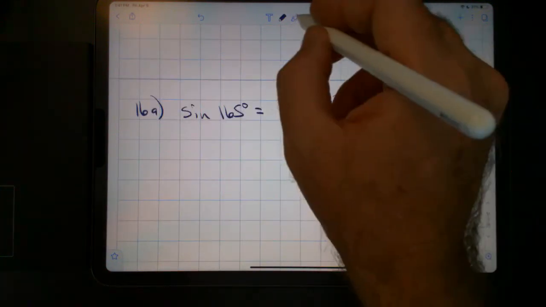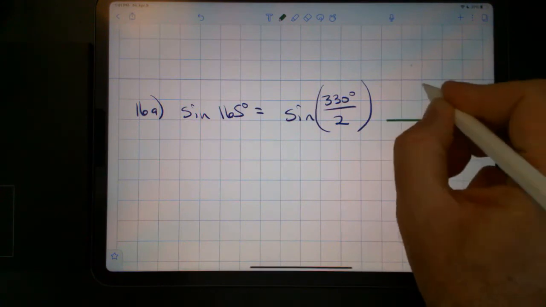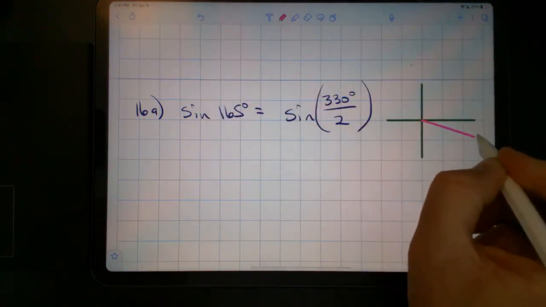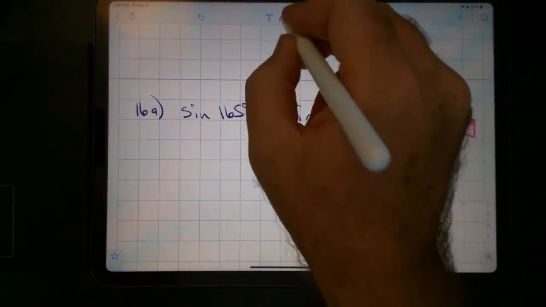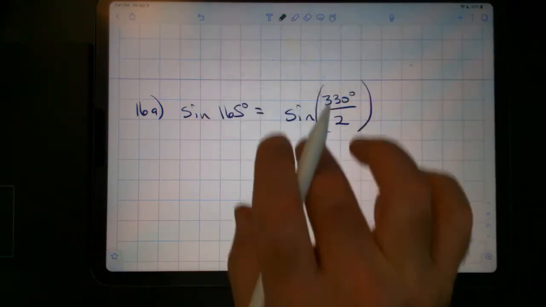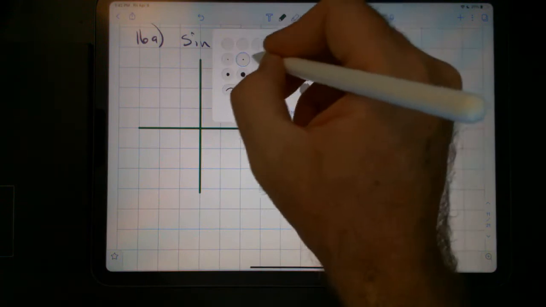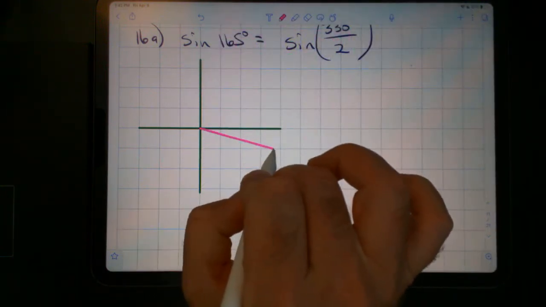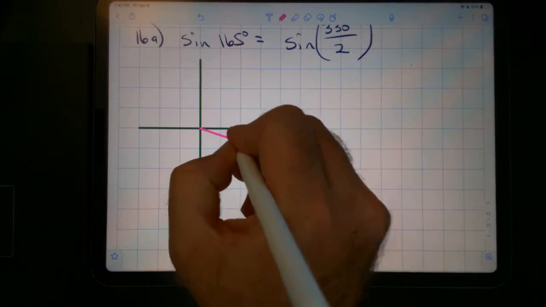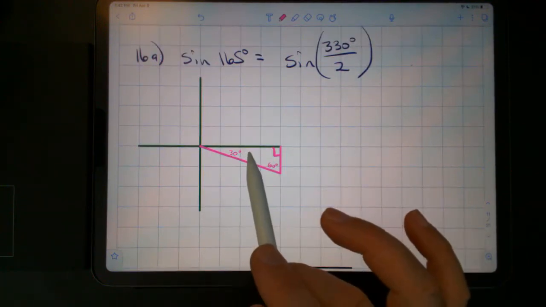Now 330 degrees, because 30 more degrees and we are back at the horizontal axis.